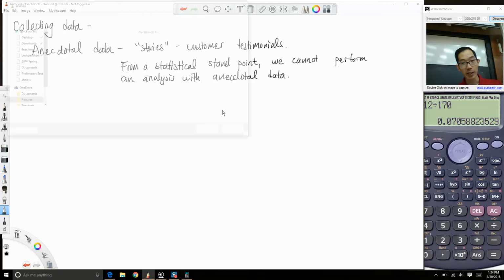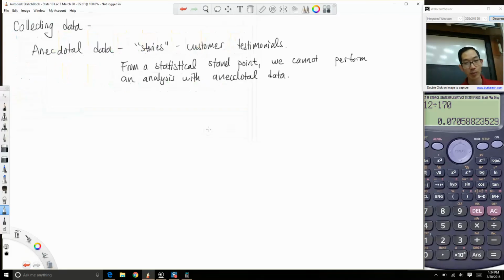That said, we're not saying that people are making things up. That's not what we're saying at all. We're just saying we can't do anything from a statistical standpoint. Okay? So as far as statistical data that's statistically useful to us, we have observational studies. And we also have experiments. But I'm going to first talk about observational studies first, and then I'll talk about the experiments.